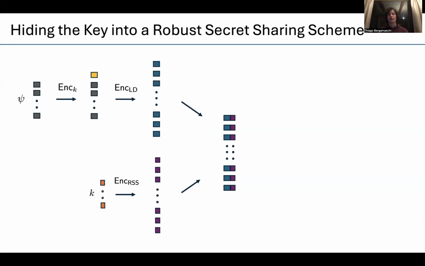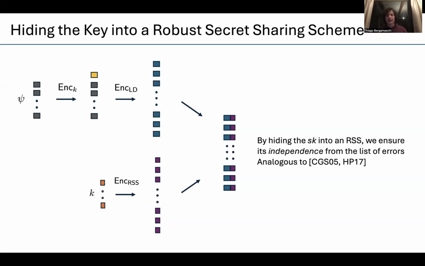And then we simultaneously group the robust secret sharing scheme with the quantum list decodable code, where at the end, each symbol of the resulting construction has a quantum register and a much smaller classical register. And here, the intuition is that by hiding the secret key in the robust secret sharing scheme, we ensure that the list of errors that the adversary produces is independent from the key that we hid inside.